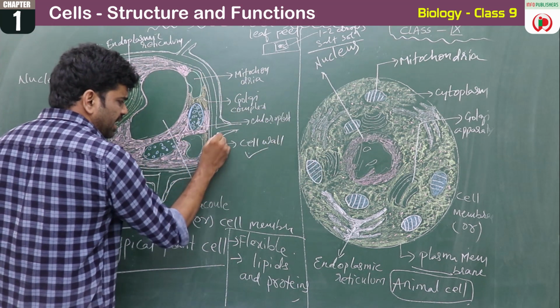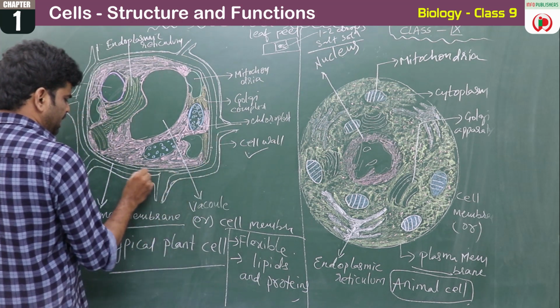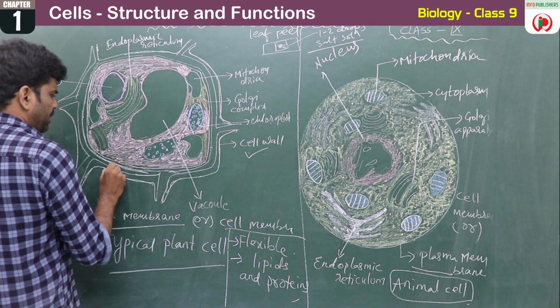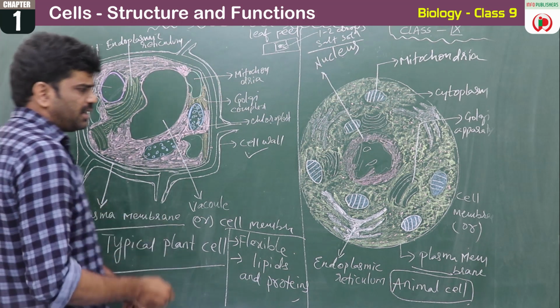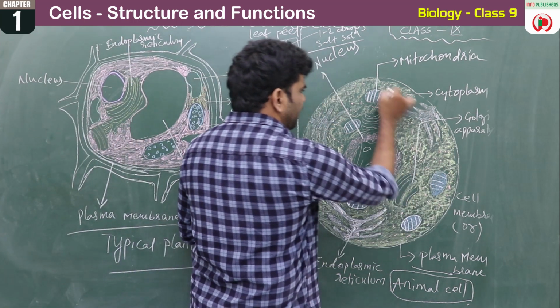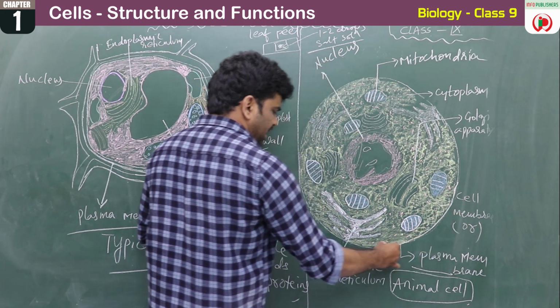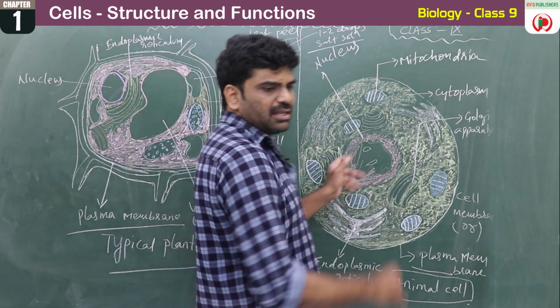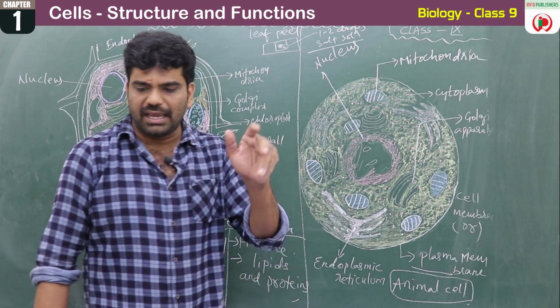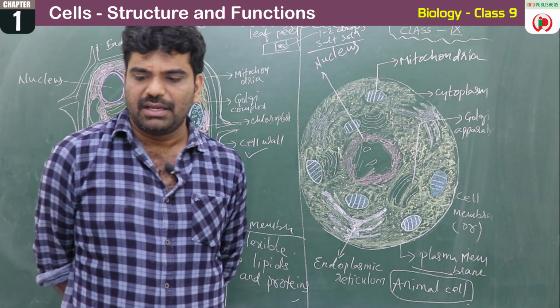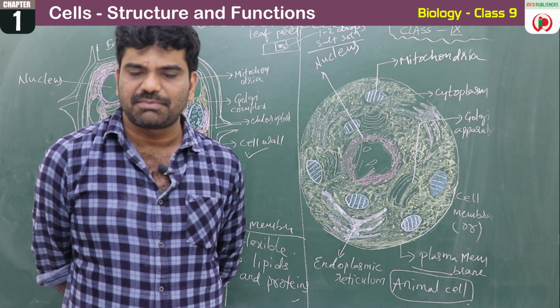This cell membrane, the line, separates the cytoplasm from the external environment. This is also known as plasma membrane.